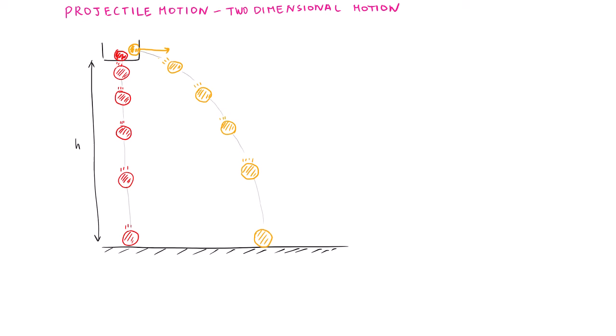If you were to look from the side, let me draw the side, for the yellow ball and the red ball, both of them are free falling. And the bird, looking from above, will see that the yellow ball is just moving horizontally from the initial position to the final position.